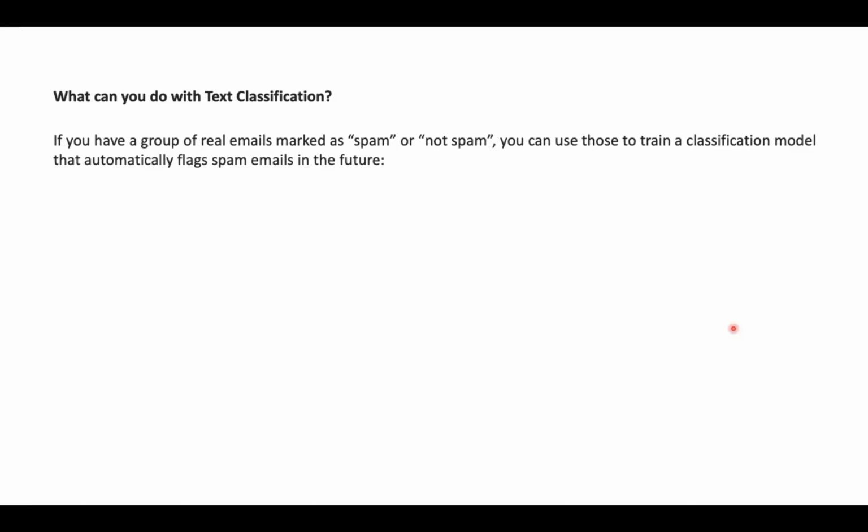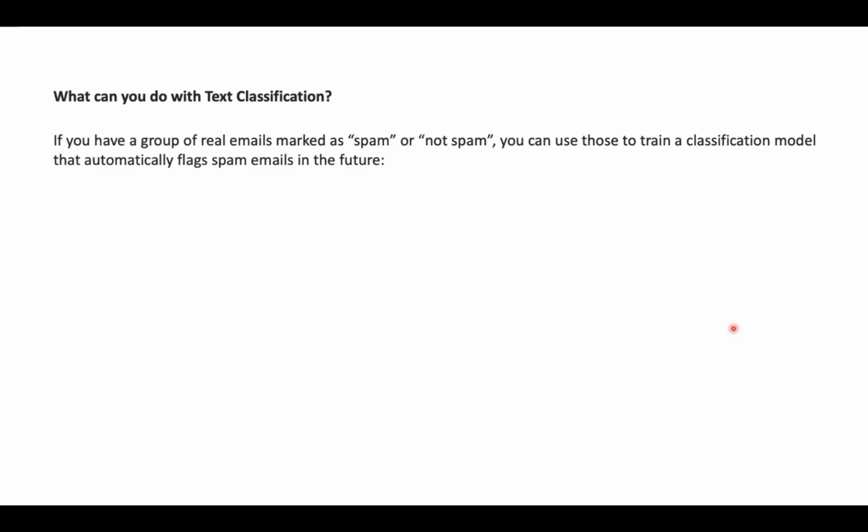And in the same way, you can take other practical uses of text classification. One important thing that you probably use every day as a consumer without knowing it is email spam filtering. Almost every user uses this in their daily lives, right?